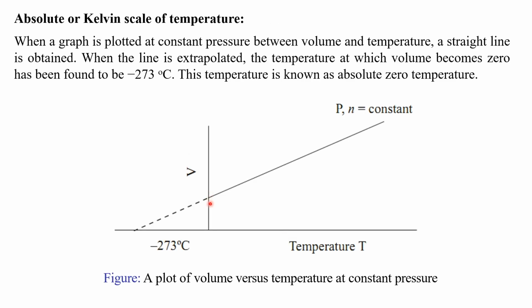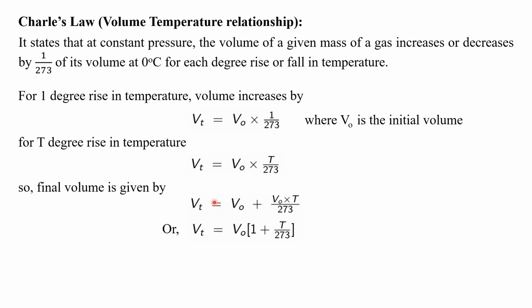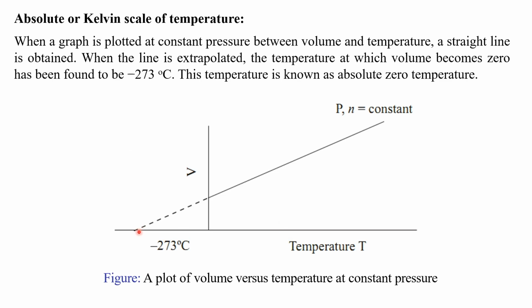The value of the intercept is V0. The final volume becomes 0 when T becomes minus 273. So if we put T as minus 273, we get Vt is 0. You see, volume goes to 0 when T is minus 273 degrees Celsius.